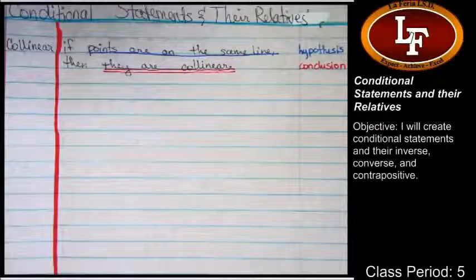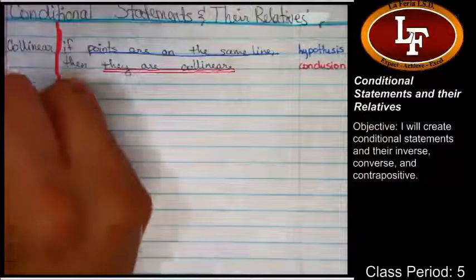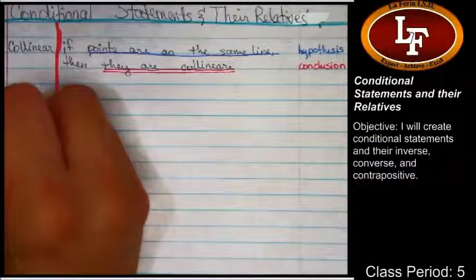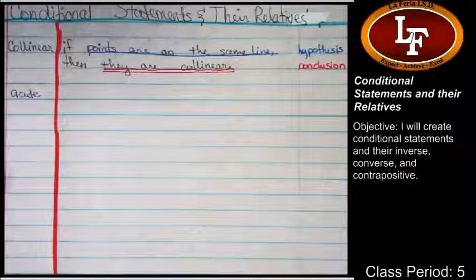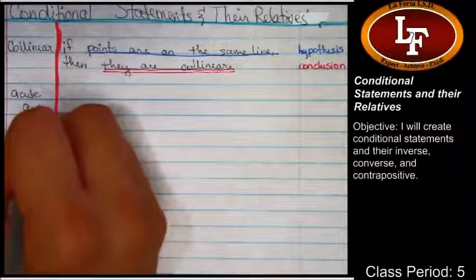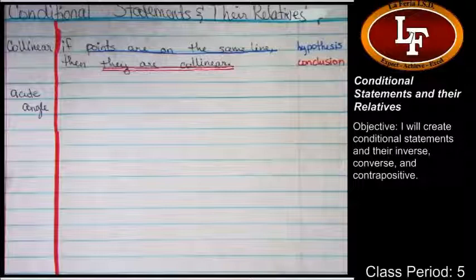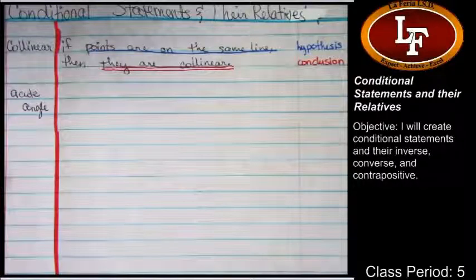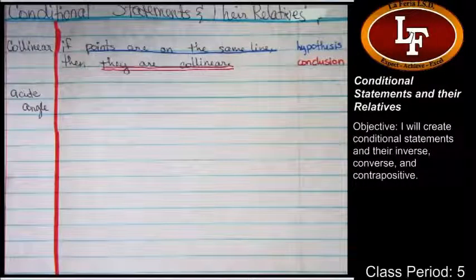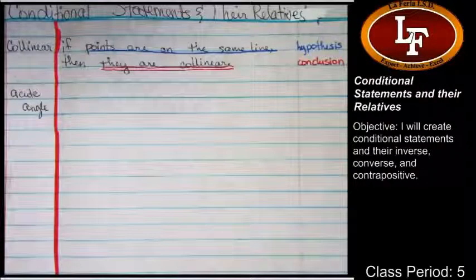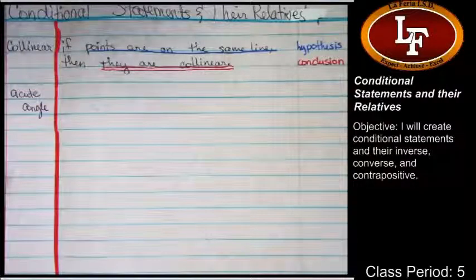All right. Let's try another word. Acute angle. What's the definition for acute angle? Less than 90 degrees. Awesome. Now how would you write that as an if-then sentence? Fantastic. If what of the angle? The degrees, and we call that the measure.